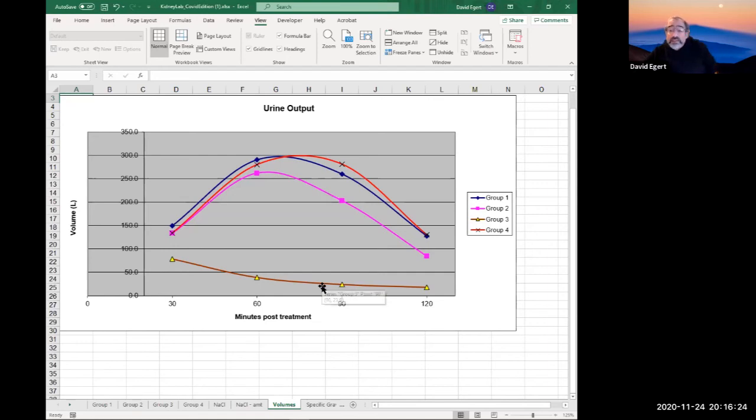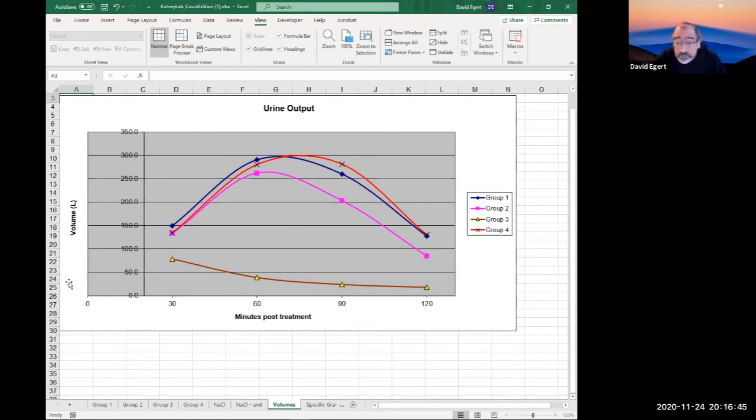The group that did not have much water and ate the salt is peeing out very little. The other groups are all peeing out an appreciably large volume. So this totally makes sense.